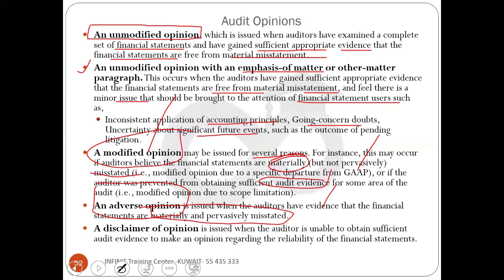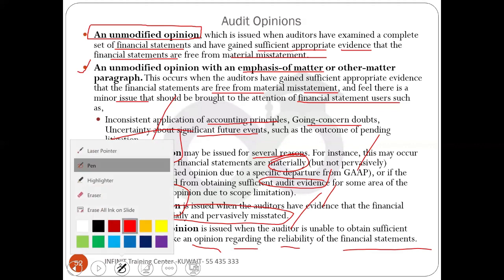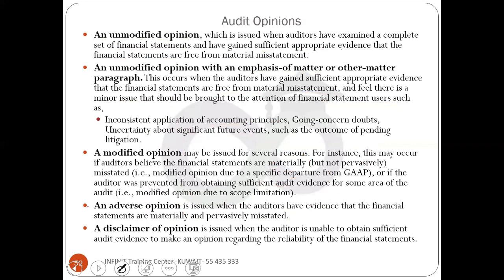This is issued when the auditor is unable to obtain sufficient audit evidence to make an opinion regarding the reliability of the financial statements. So they didn't get enough evidence to make an opinion. In such a case, they will issue a disclaimer of opinion. So these are the different types of audit opinions that may be made by an external auditor.